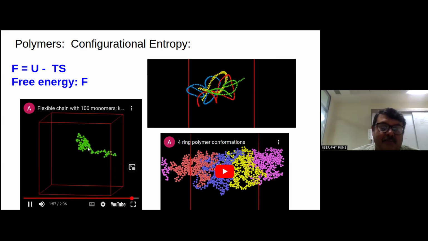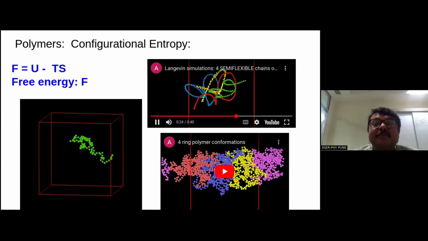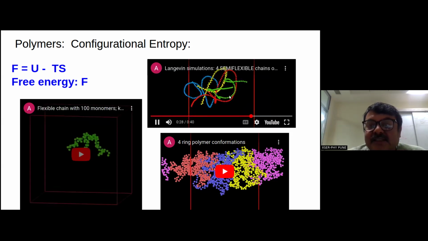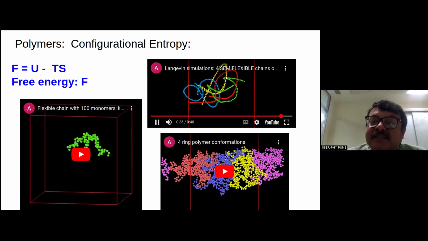Each bond can point in any direction. However, here is a semi-flexible chain. There's an energy cost for bending. The consequence is that you will see these chains are not bending as freely as these were. Locally, they are straight, but over large distances, they look flexible, right?